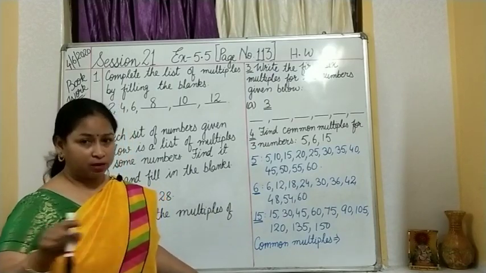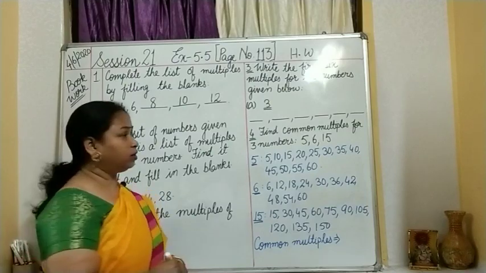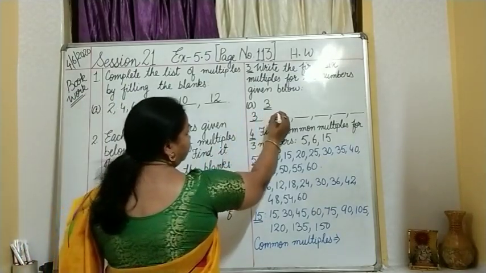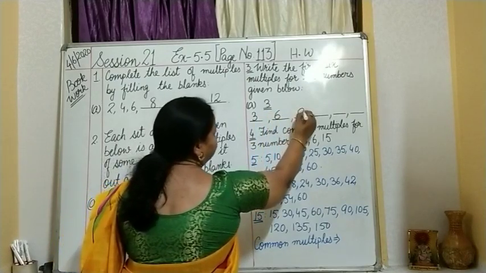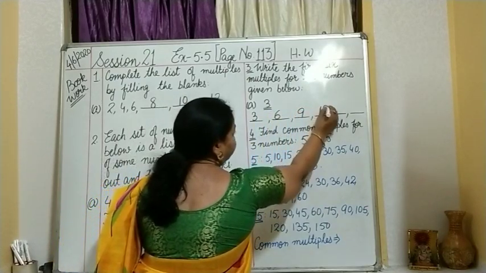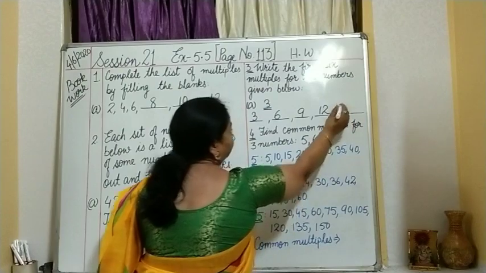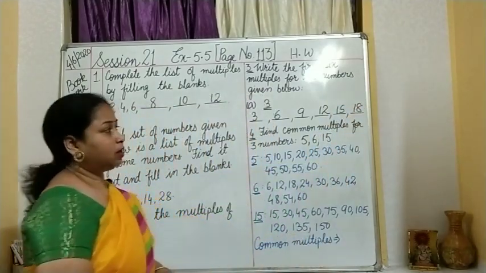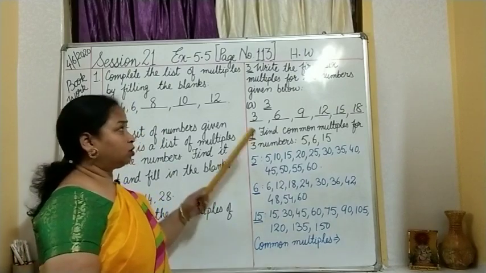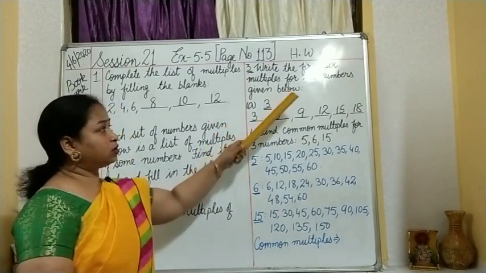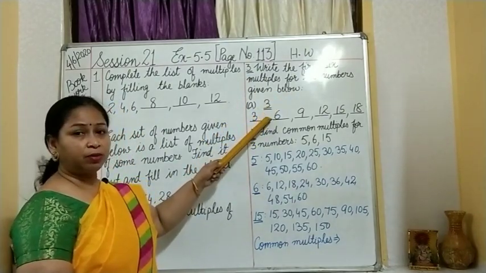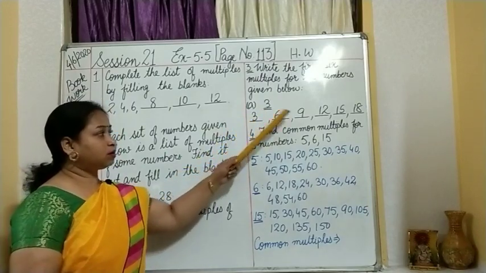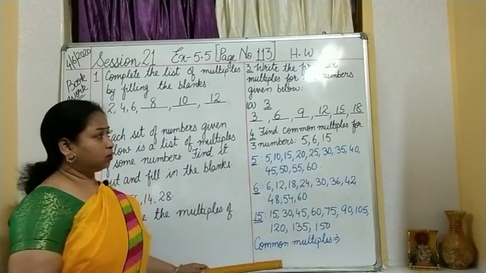You don't have to show the multiplication, just write down the answer. 3 ones are, 3 twos are, 3 threes are, 3 fours are, 3 fives are, 3 sixes are 18. So till 18 we have got our answer. What are the first 6 multiples of 3? 3, 6, 9, 12, 15, 18.